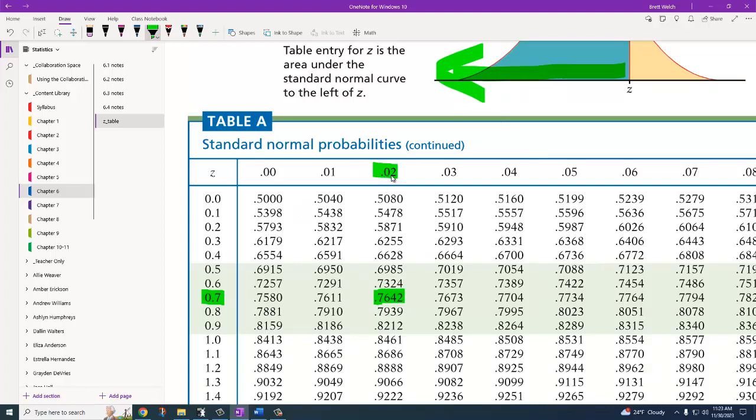So that 0.2 just puts the 2 right behind the 7. So a z-score of 0.72 means that 76.42% of the population is to the left of that value. Okay, so that's how we'd calculate the left side. We just read the chart.